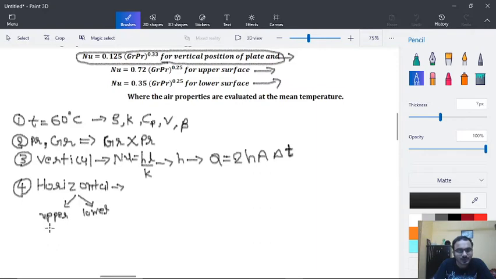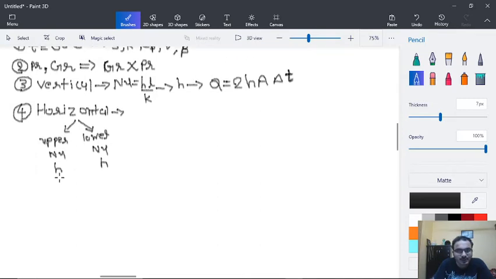We will get different Nu, different h for both of them, and different Q, and then once we get both these Q, we will sum them together and obtain the final value of Q.